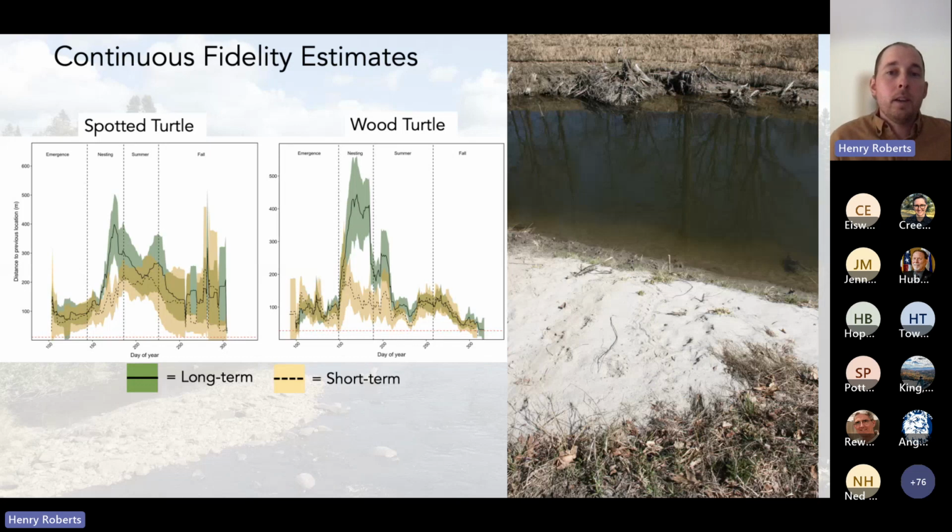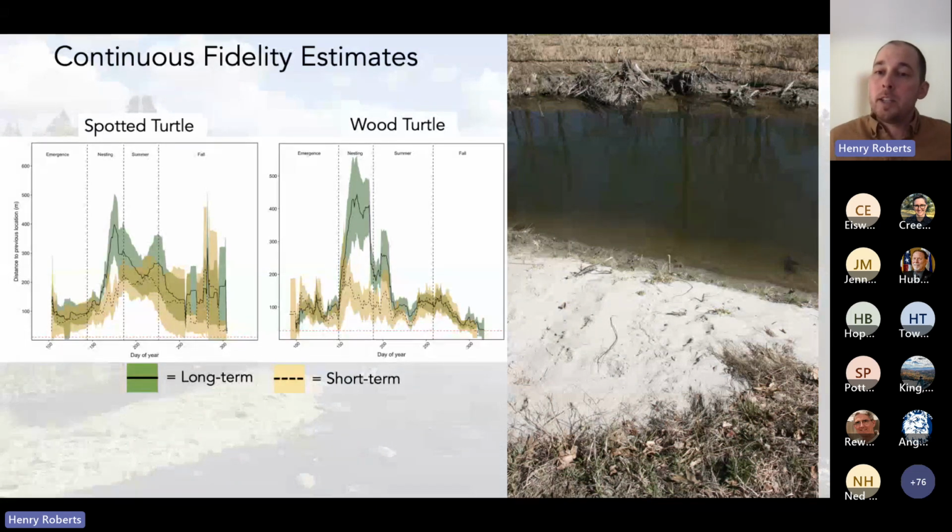Both of these species tend to nest in ephemeral nesting habitats. So in the case of wood turtle, a disturbance like a flood comes in and exposes soil, and they nest in it. In fact, in this example of a nesting beach, you can see some wood turtle tracks moving right across it.